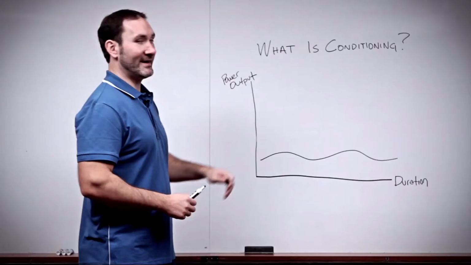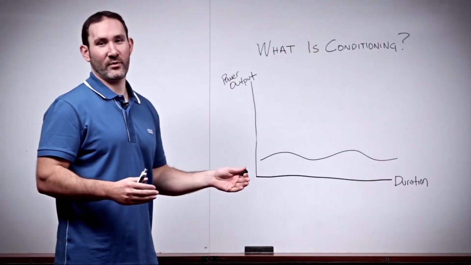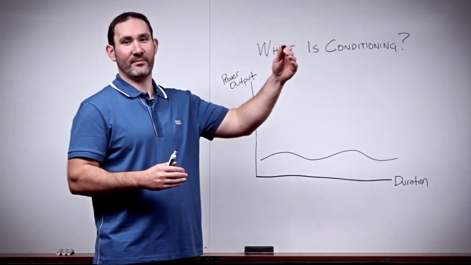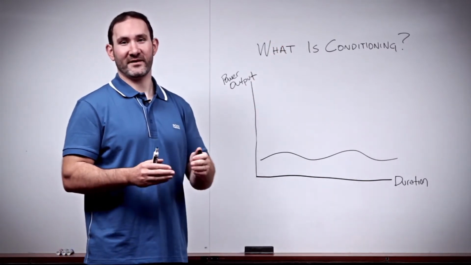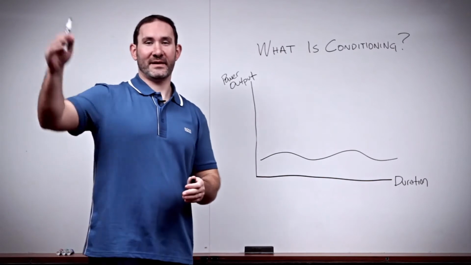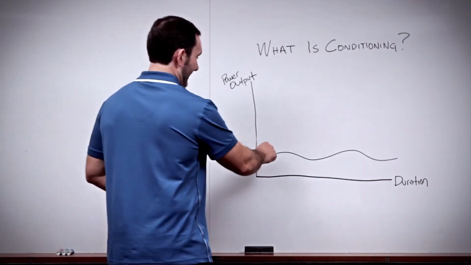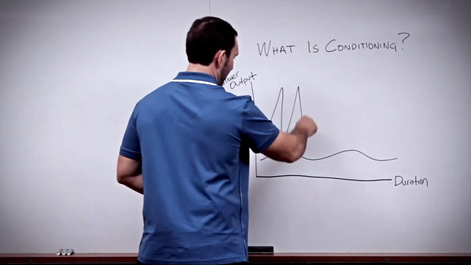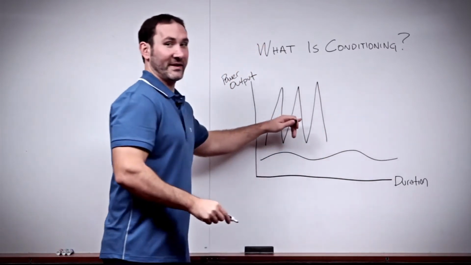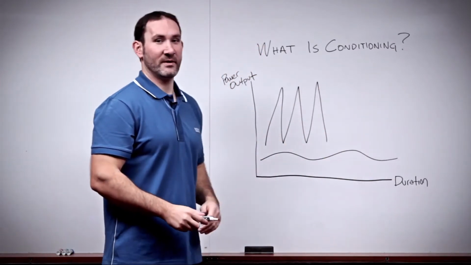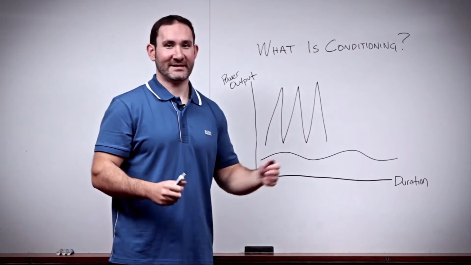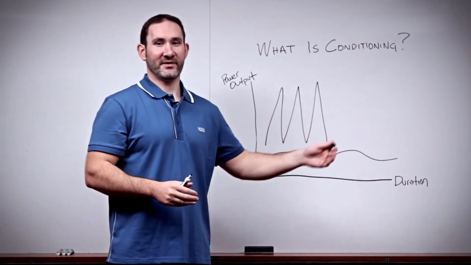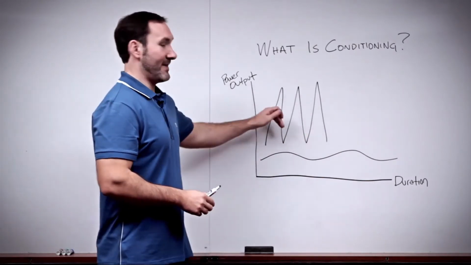The second scenario is what we'd call an acyclic sport, and that's where there's a big spike in power output, generally followed by some period of rest or much, much lower power output, and then a big spike again. So we can look at something like a football game where they're going all out, at very high levels of power output for 6-10 seconds or whatever it may be, a rest interval of 30-40 seconds or whatever it may be, and then they're back at it.